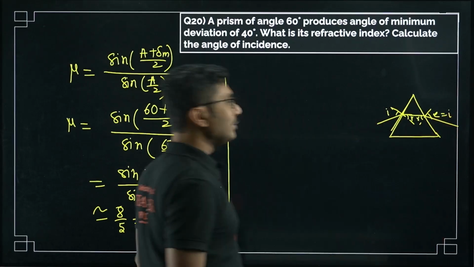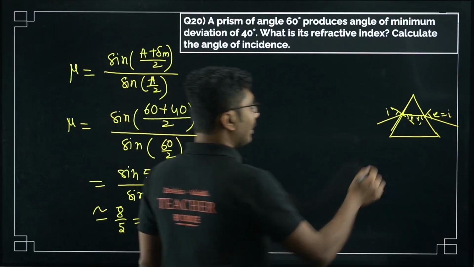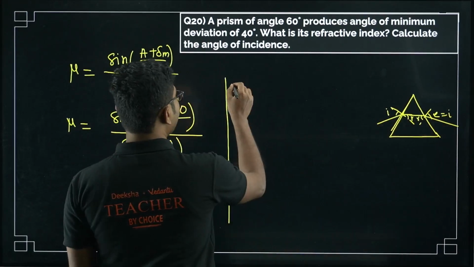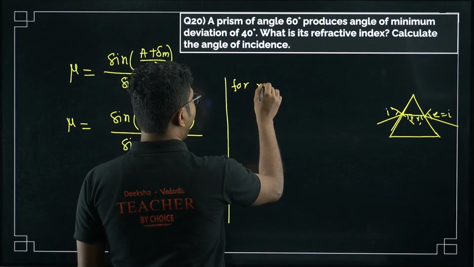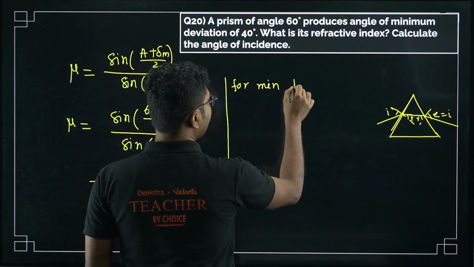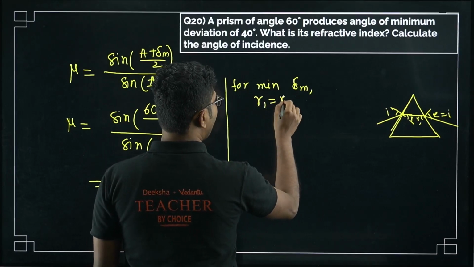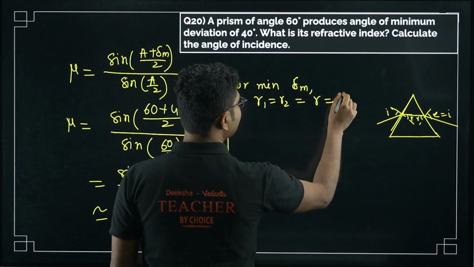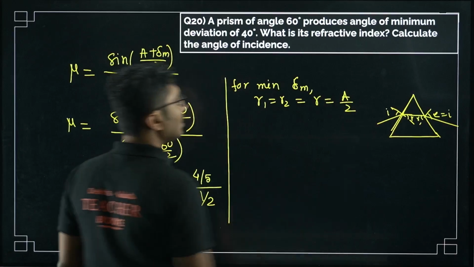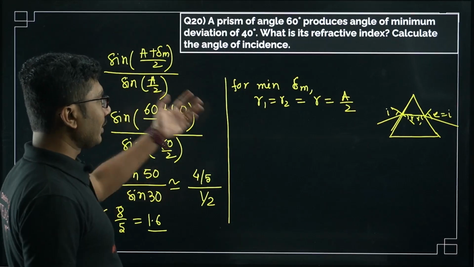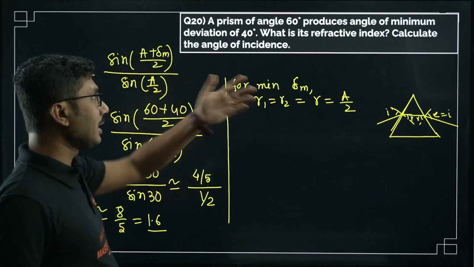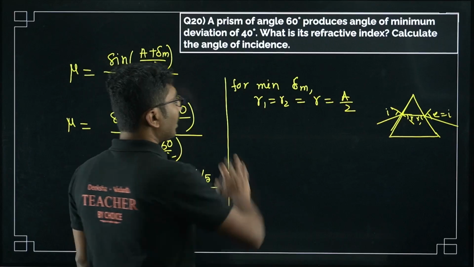So this much we know, that for minimum deviation, delta M, R1 equals R2, say equals R, is basically A by 2. If you have solved the theory part, you already know this is the formula.